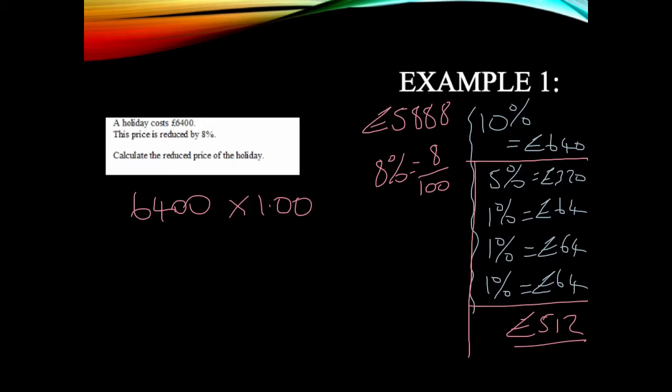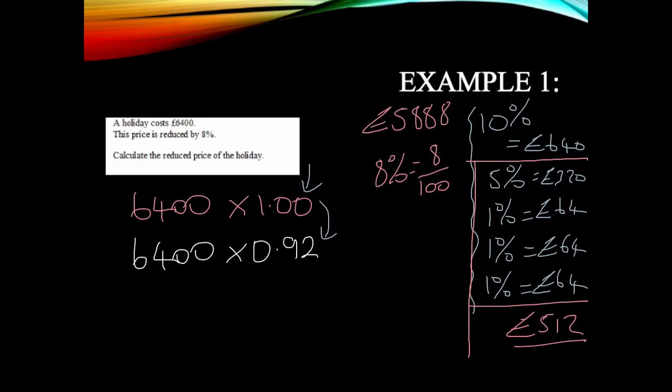Now, again, thinking about this logically, this is my hundredths column, so I'm reducing this multiplier by 8. And in fact, what I'm going to end up multiplying by, 6400 multiplied by 0.92. Notice what's happened here is I've reduced my whole one, the multiplier, by 8 hundredths. Okay, so I'm multiplying by 0.92.